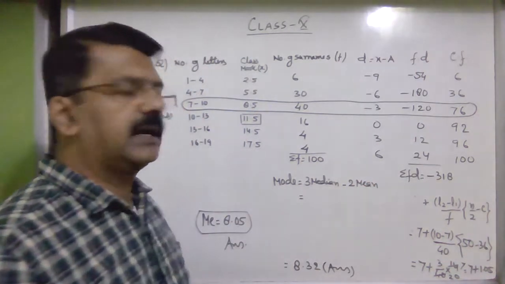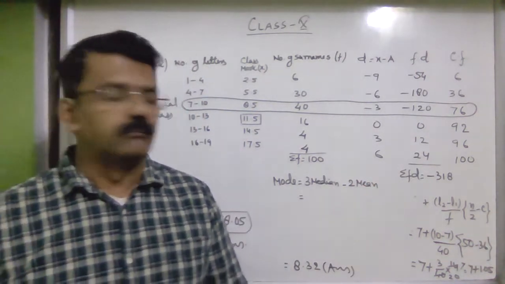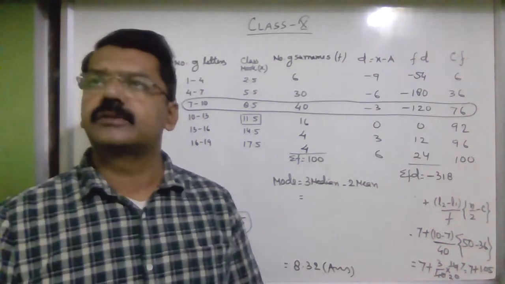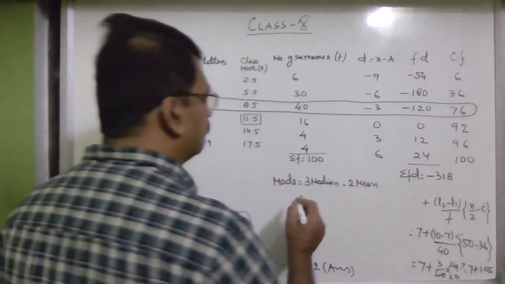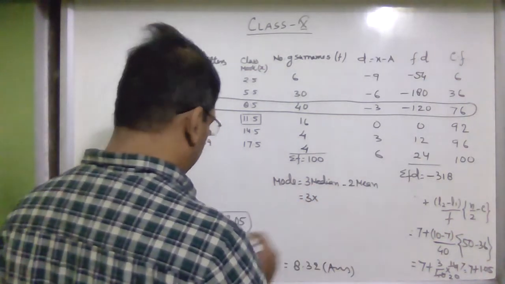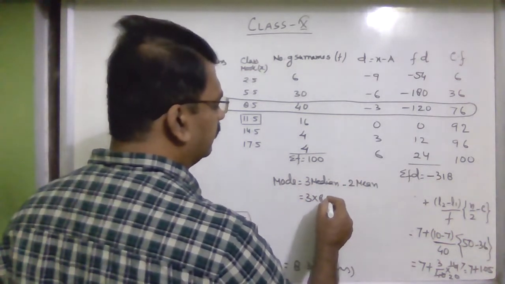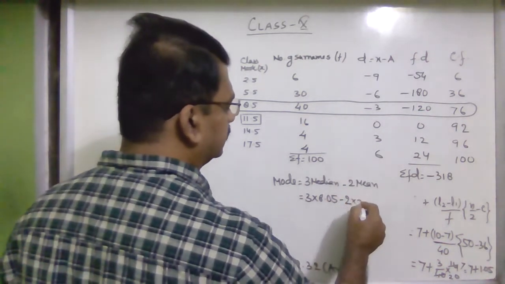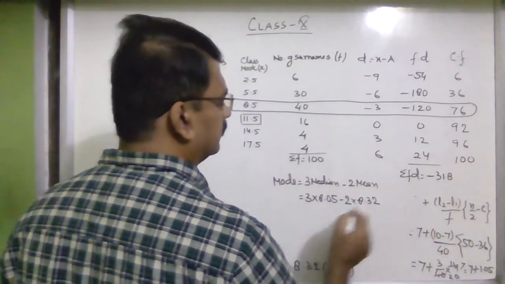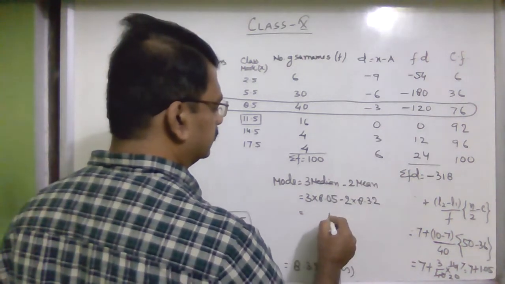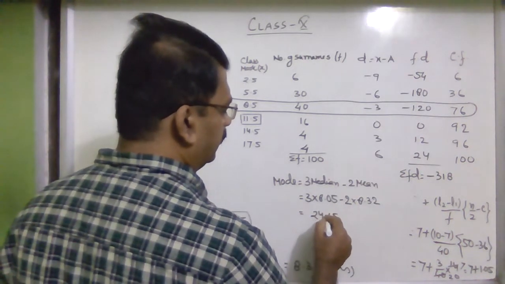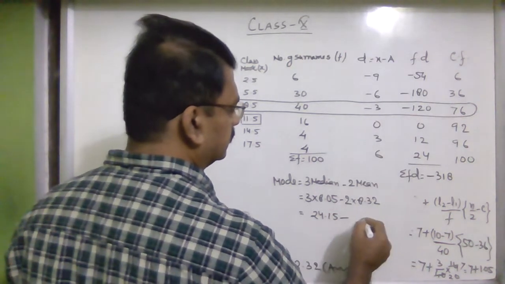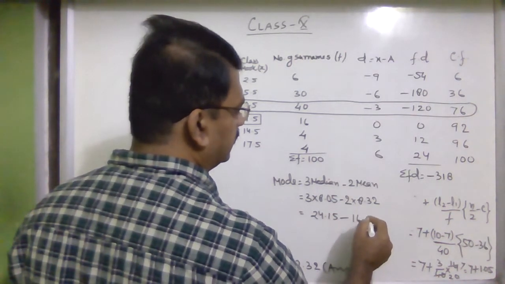There is a formula directly to calculate mode from median and mean. So 3 times median minus 2 times mean is the mode. So 3 into the median, which is 8.05, and the mean is 8.32. So 24.15 minus 16.64.